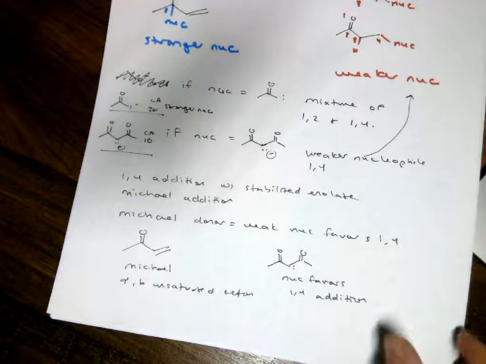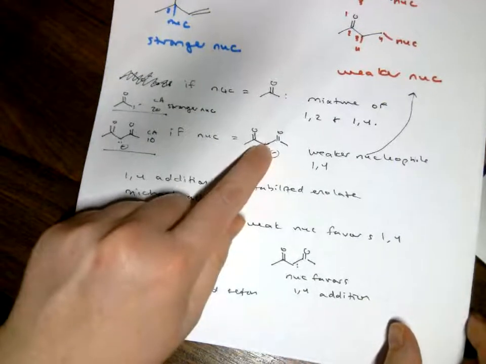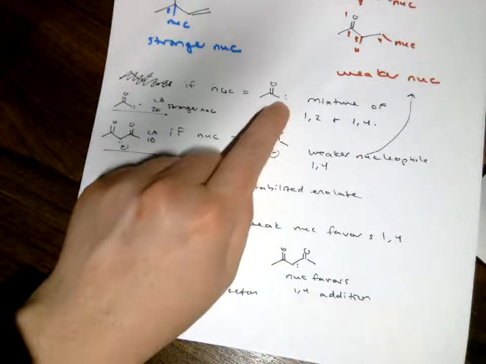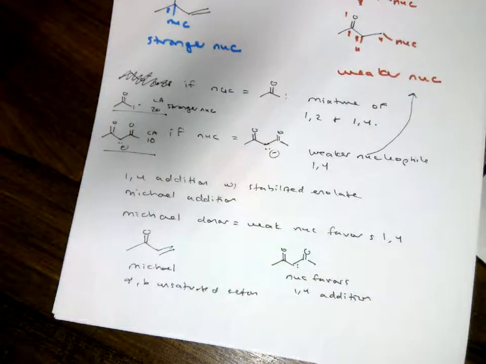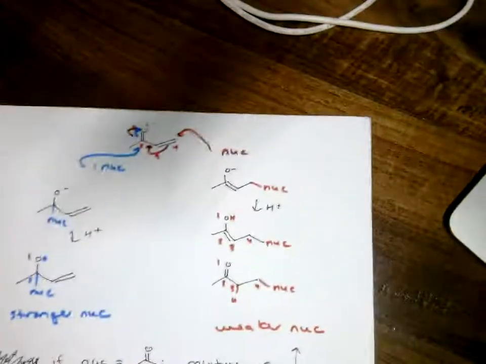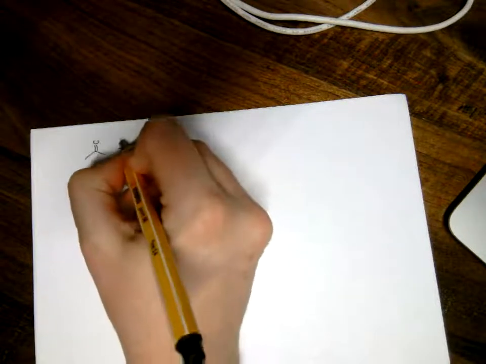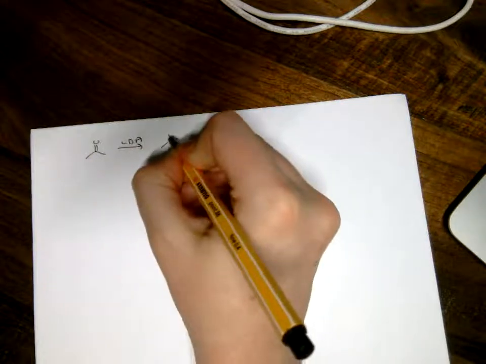Sometimes, though, what you want is not to have to use this. You want to be able to use something like this and have a higher priority for 1,4. And when you're doing that, if you just use this ketone and react it with LDA to get our enolate, right?